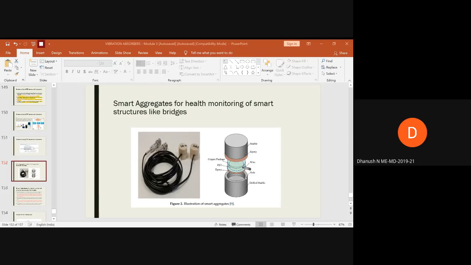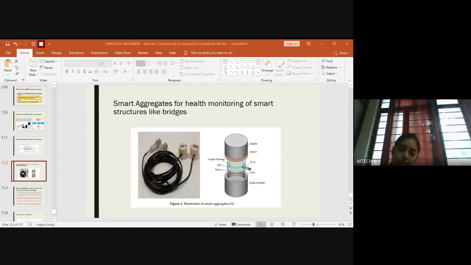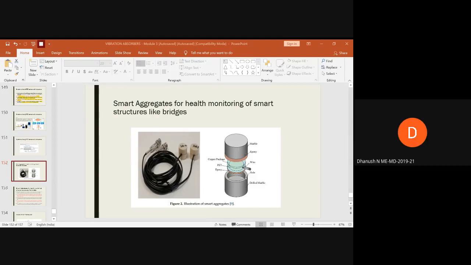Then using strain rate feedback to add damping to the structure, ma'am. Then reducing acoustic emissions from the cylinders, then suppressing vibrations with a combination of these two controls. Then suppressing vibration using feedback control, ma'am.